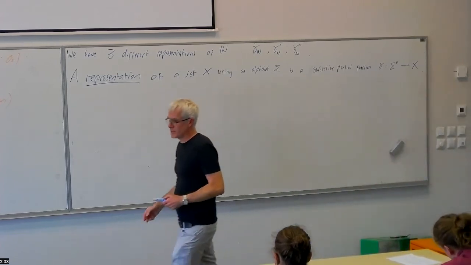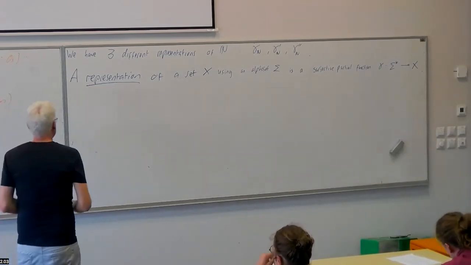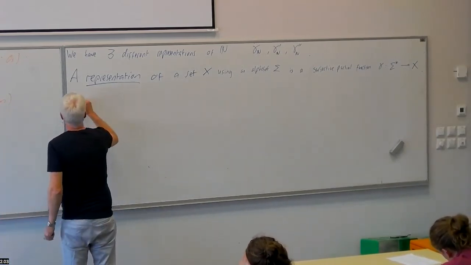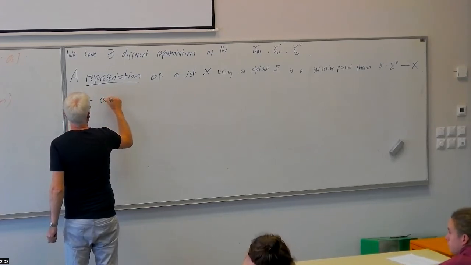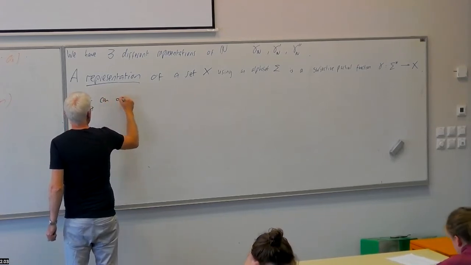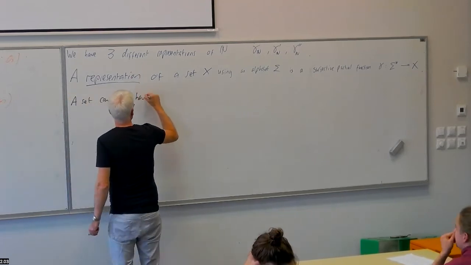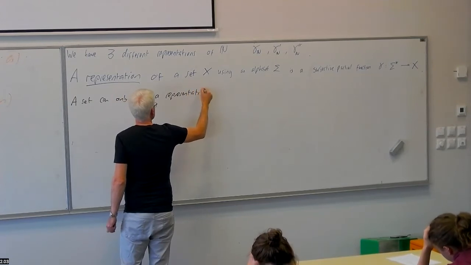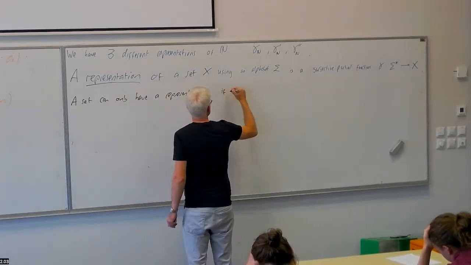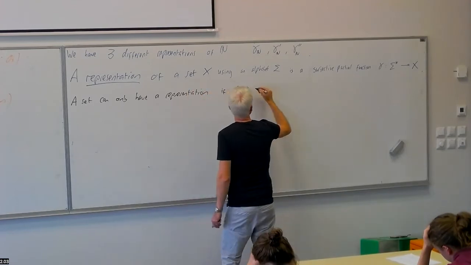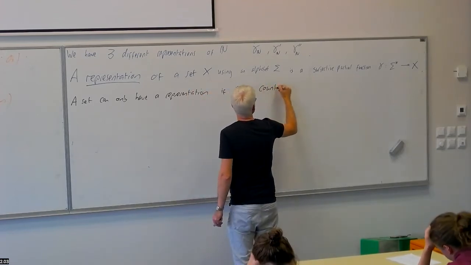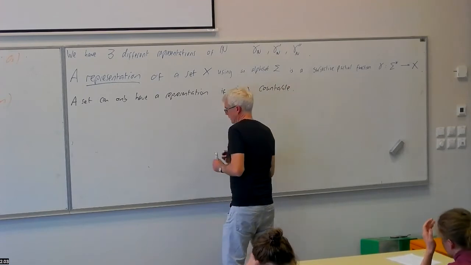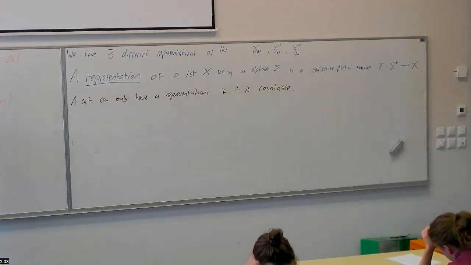So a set can only have a representation if it is countable. As the natural numbers are, so we didn't have problems giving the natural numbers a representation.